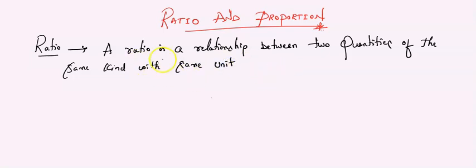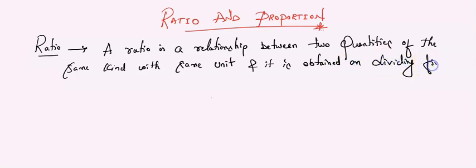A ratio is a relationship between two quantities of the same kind with the same unit, and it is obtained on dividing the first quantity by the second.